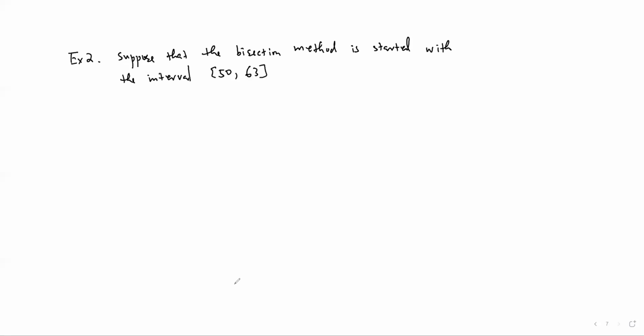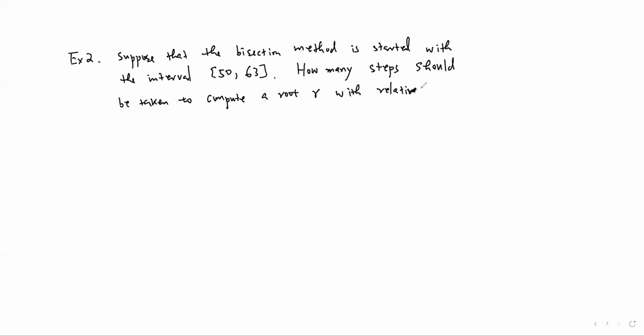The initial interval is this interval. Now the question is, how many steps should be taken to compute a root, say let me name that root r, with relative accuracy of 10 to the negative 12?